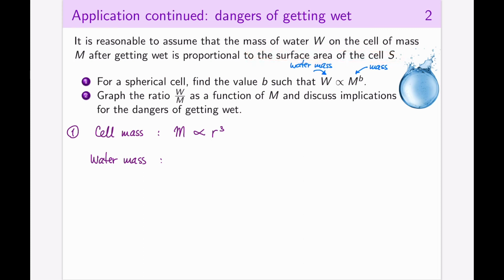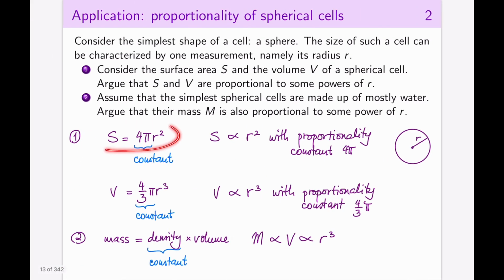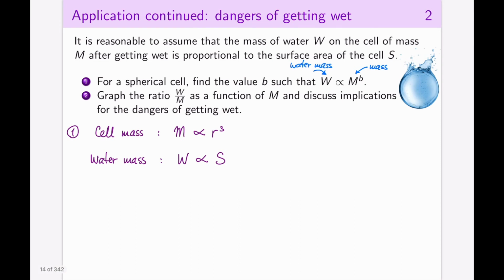Okay, so water mass, let's call it W, is proportional to the surface area of the cell. And from the previous slide, we've discussed what the surface area is proportional to, and that came out to be R squared. So the surface area itself is proportional to R squared. Now, what we actually want to do is to connect these two quantities.